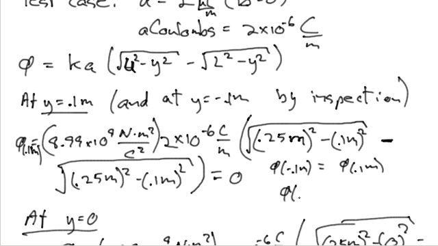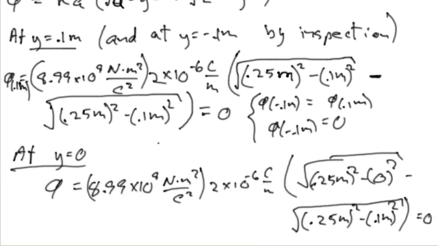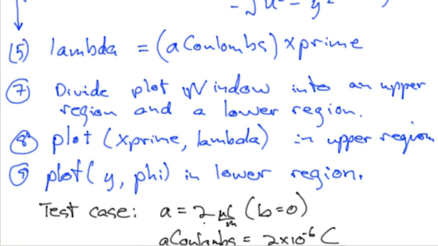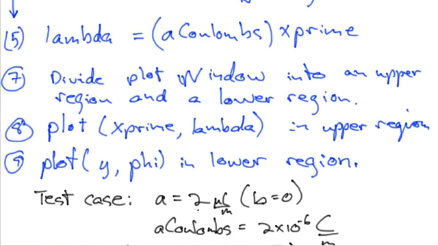So phi at minus 0.1 meters equals 0. So additional work after that one. I've evaluated at 0.1 meters, at minus 0.1 meters, and at 0. I get 0 in all cases. Let's call it a wrap on project 4, video number 1.